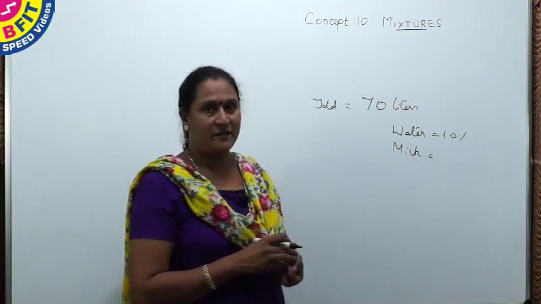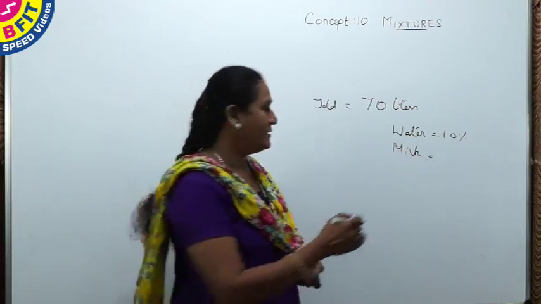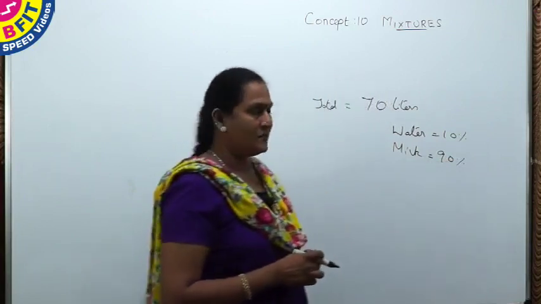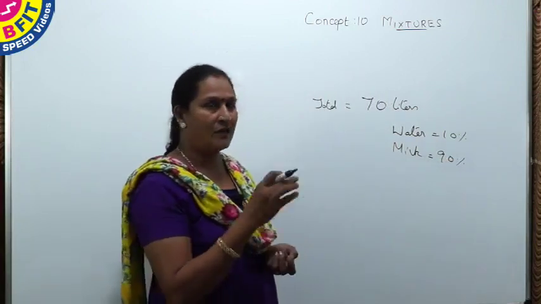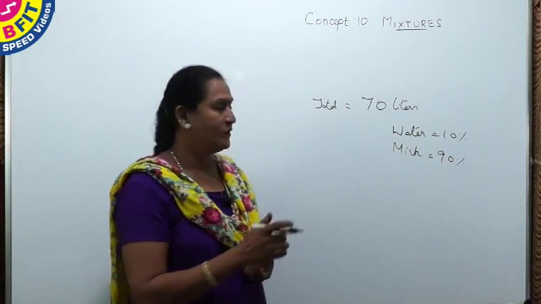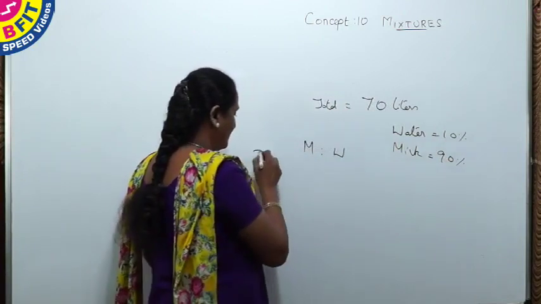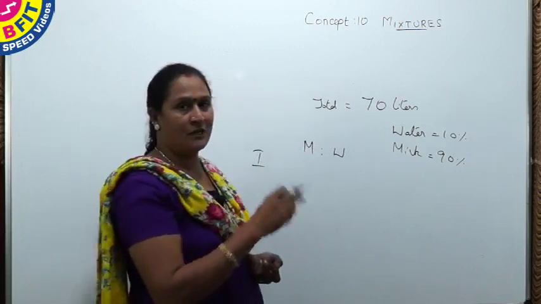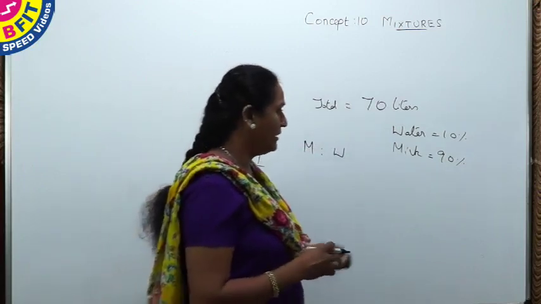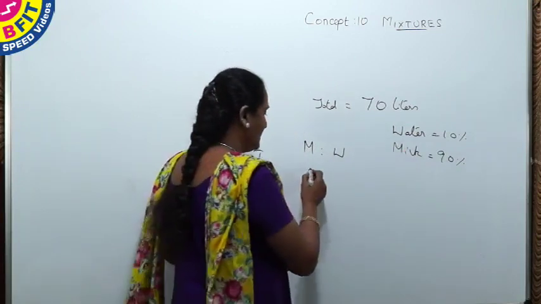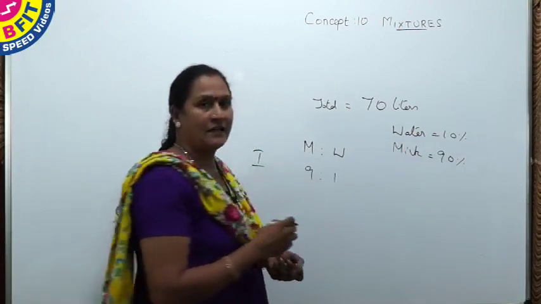So if water is 10%, subtract it from 100, so milk will be 90%. So we can get the ratio of milk and water, the initial quantity of milk and water. So initial ratio will be, water 10%, milk 90%. So simplifying, we get the ratio 9:1.